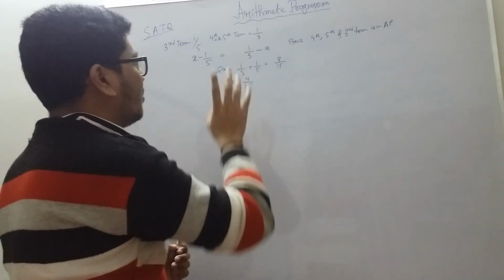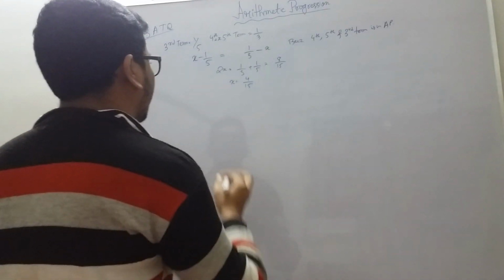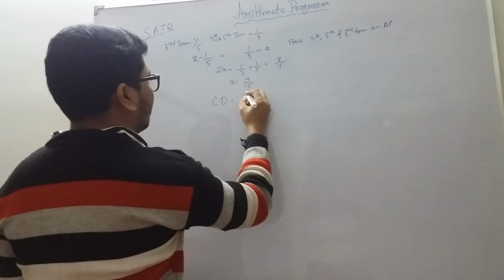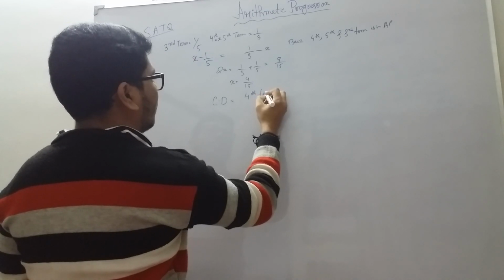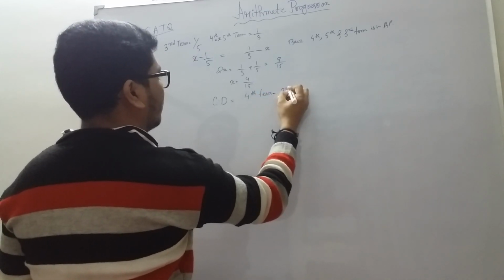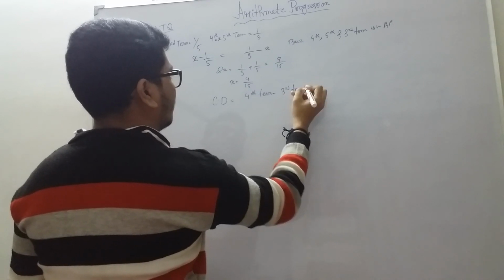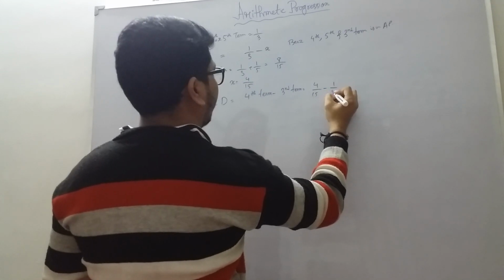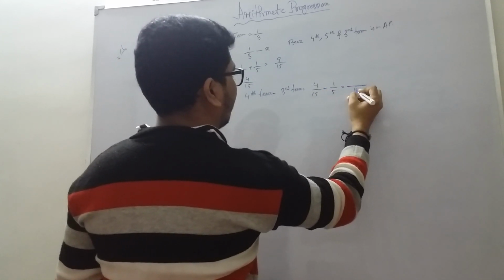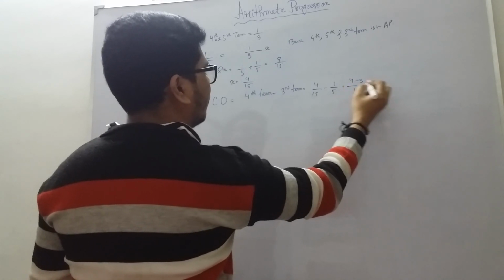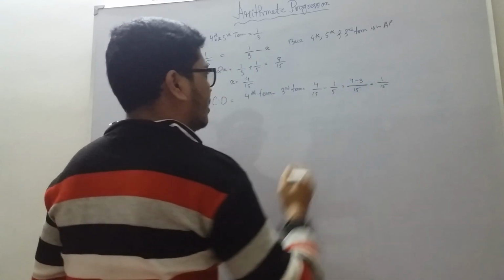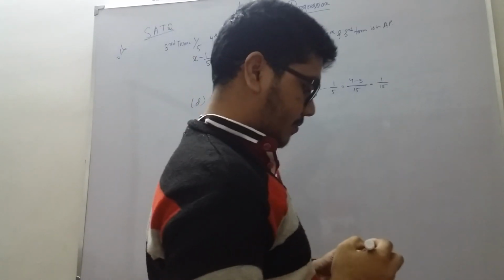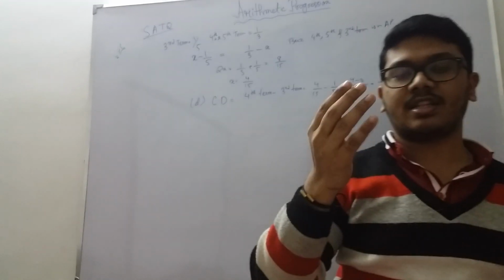So how can we get the common difference d? The common difference equals the fourth term minus the third term. The fourth term is 4 by 15 minus 1 by 5, which is (4 minus 3) by 15, so 1 by 15 is the common difference. Now how can we get the first term?